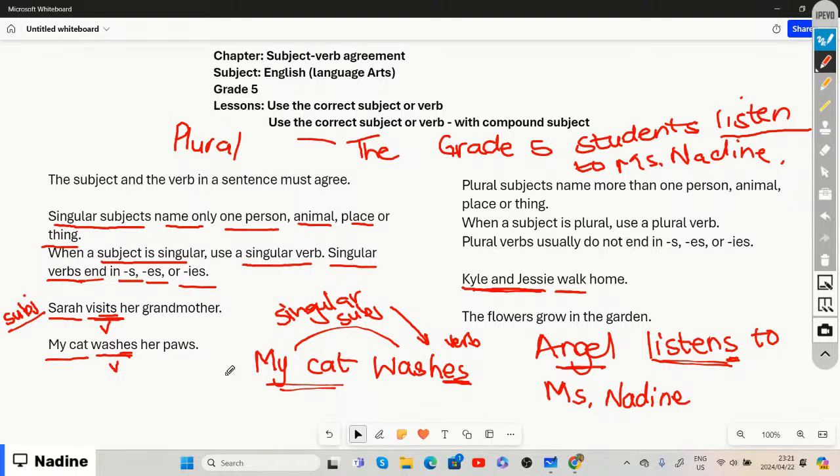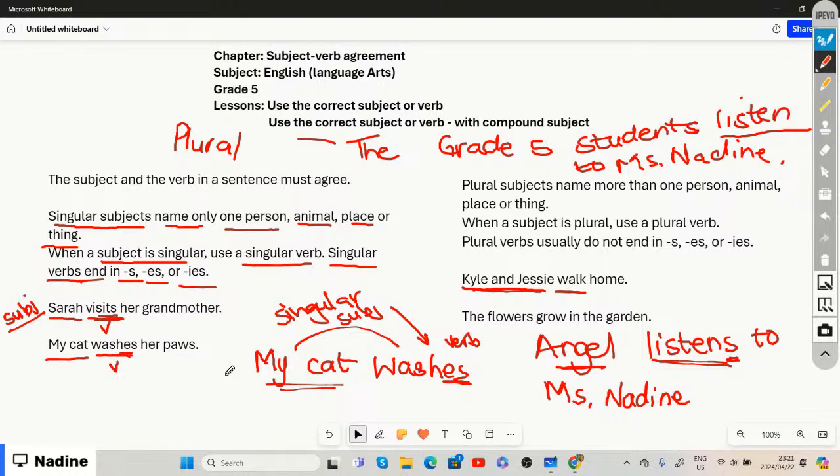And that is why we said our subject and our verb need to agree within a sentence. Once again, before we go to aplusstudents.ca, we have one subject, which refers to one person, one animal, one place or one thing.